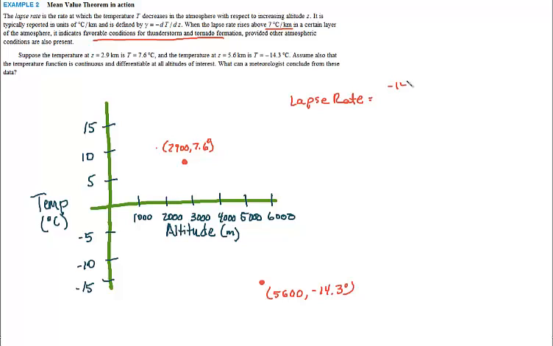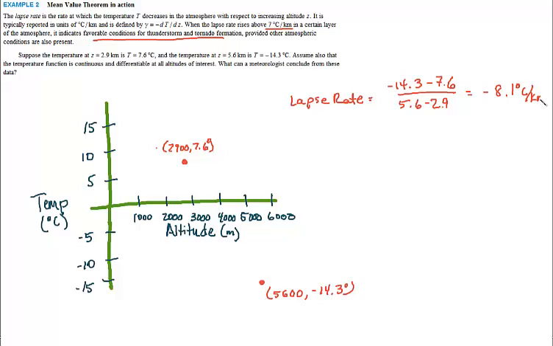Minus 14.3 minus 7.6, all over 5.6 minus 2.9. This gives us negative 8.1 degrees Celsius per kilometer.